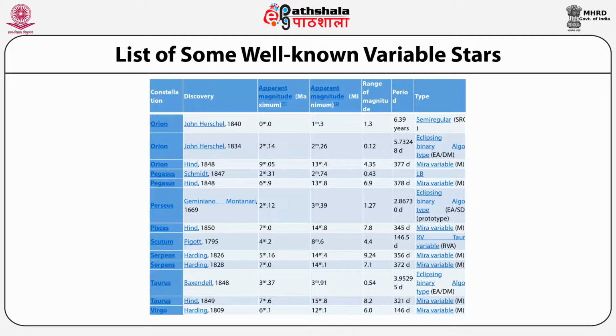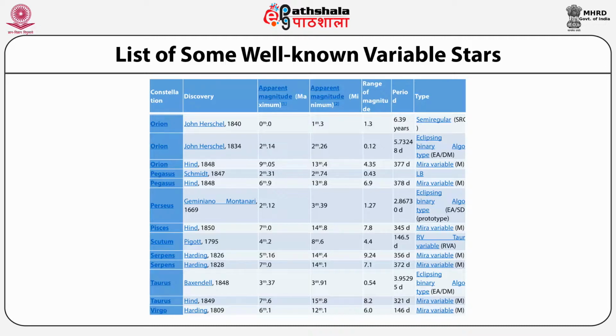Now these are the names of some of the variable stars lying in these given constellations. We have also shown here the date of their discovery with their different kinds of magnitudes and also the class to which they belong.